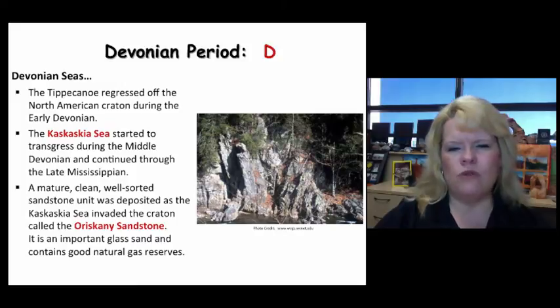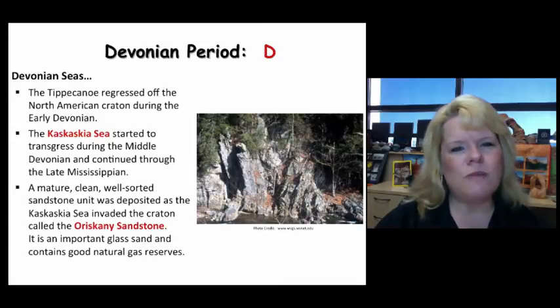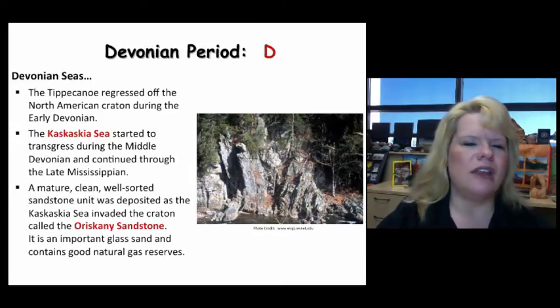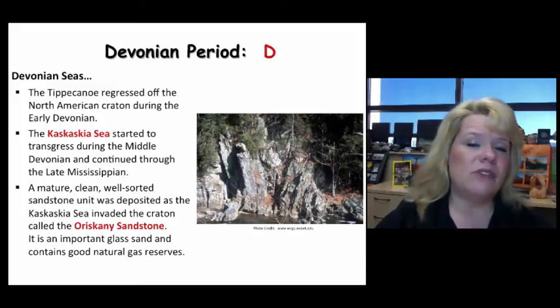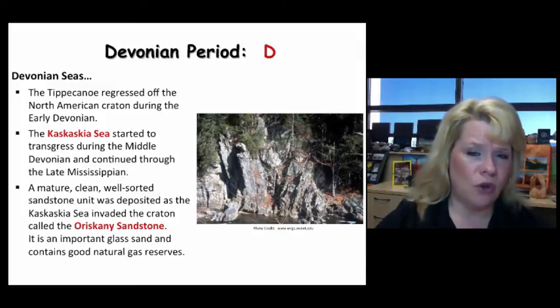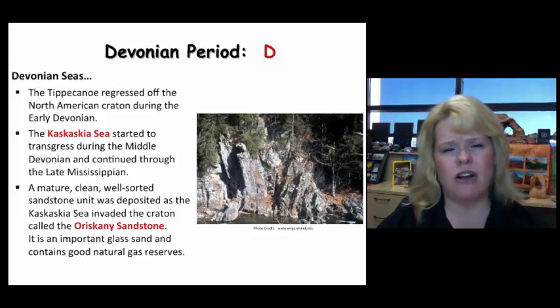It's an important rock layer in the sense that it represents a migration of a new epeiric sea into the middle of our craton. As a matter of fact, it's very difficult in the field to differentiate Silurian carbonate deposits from Devonian carbonate deposits because they're so similar in character.